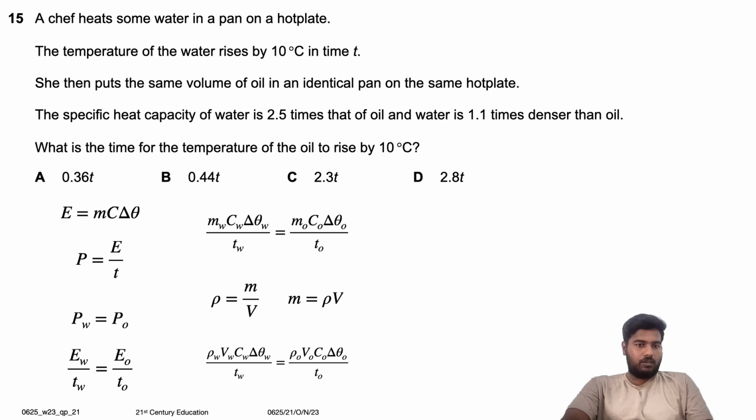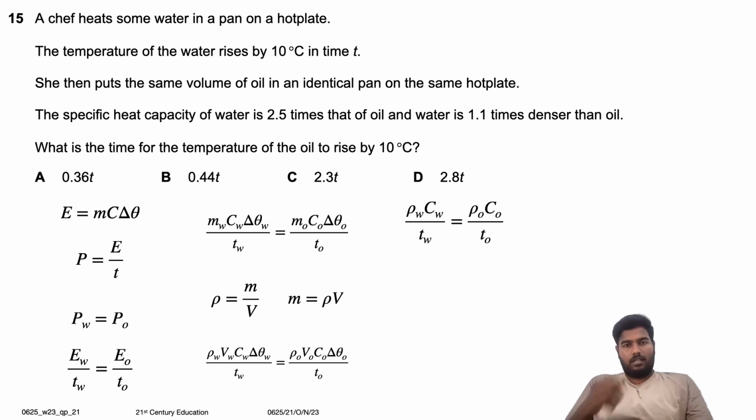So if we cancel out the volume and delta theta, then we have density and specific heat capacity by time equal to density into specific heat capacity by time for oil. Now we are given that the specific heat capacity of water is 2.5 times that of oil, and density is 1.1 times that of oil.